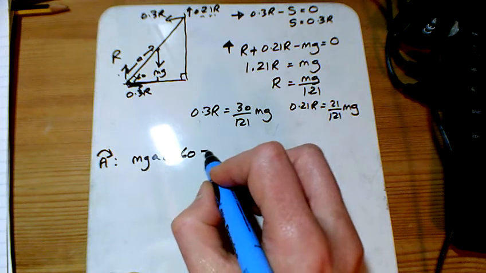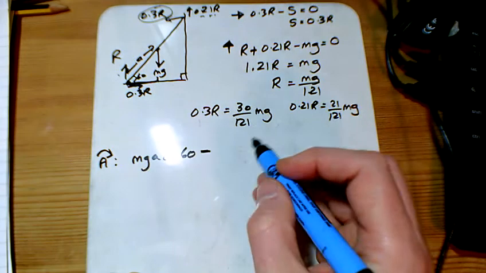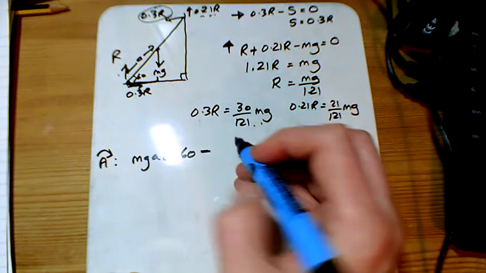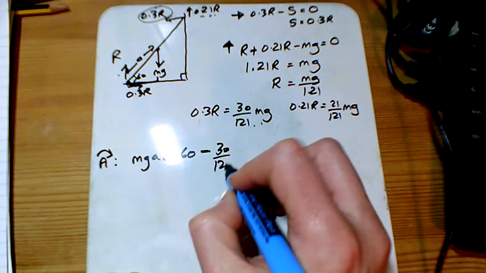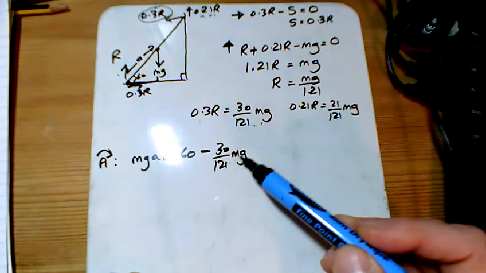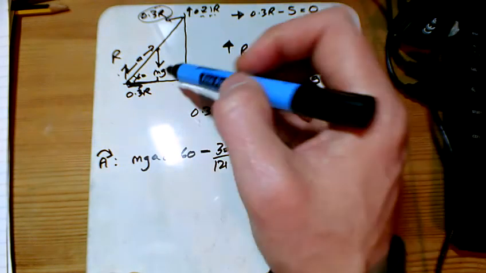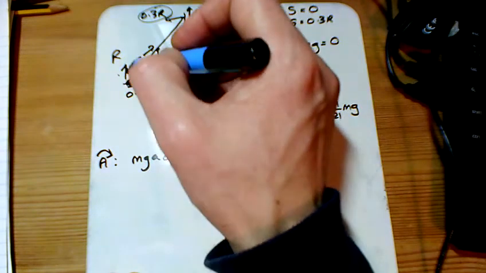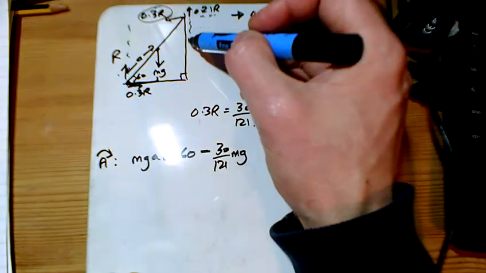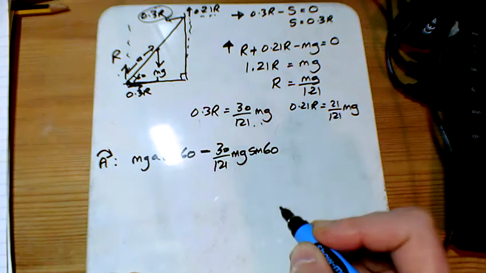Then what's going the other way is this force here. And so that force is this one here, isn't it? 30 over 121 mg. The distance there to there, well, I'm just calling that 1 for the length of the ladder. And the bit of trig we want, because we really want that distance there, that's the sine of 60.